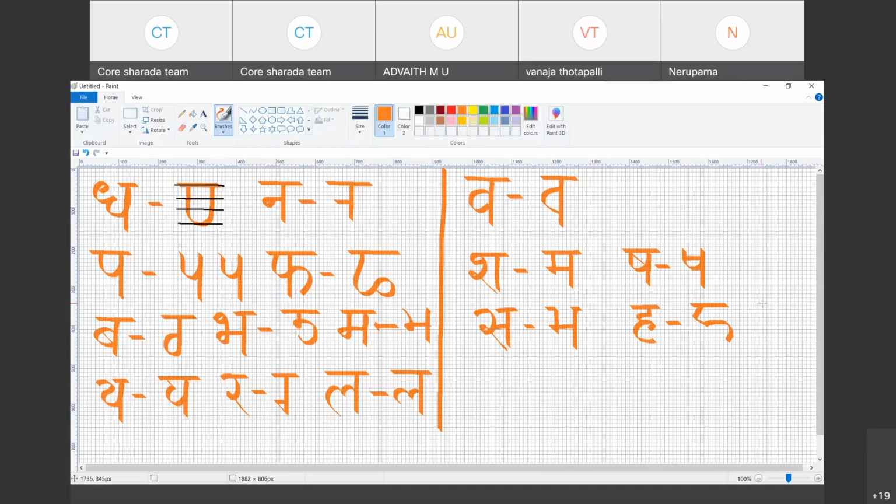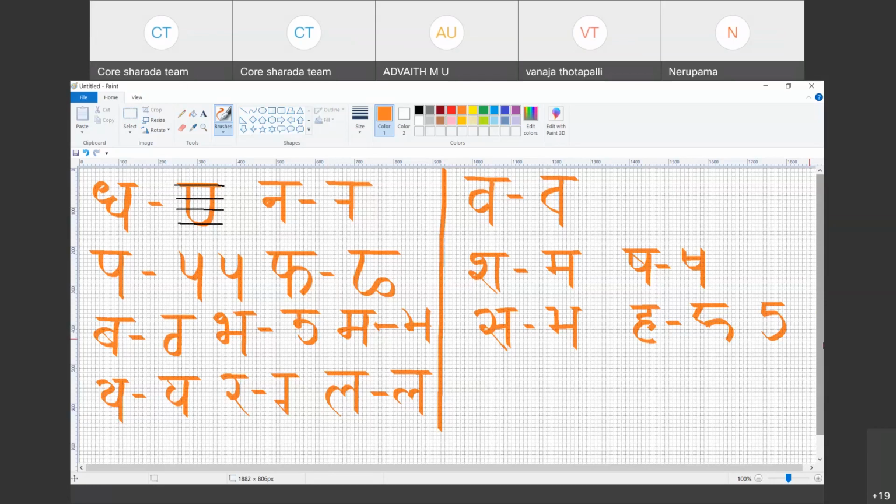This is like how you draw number 5. So similar way, you will draw this curve here, but you will stop it here. You will not extend it further. So this is Her. So with this, we completed all the Varnamala.